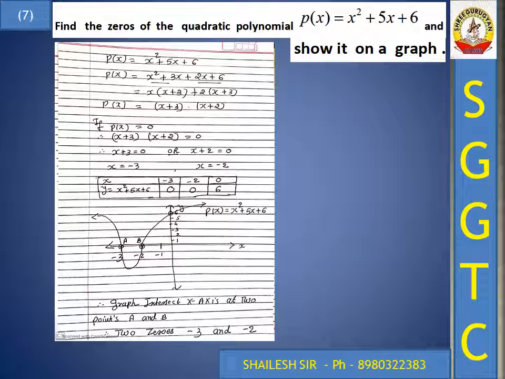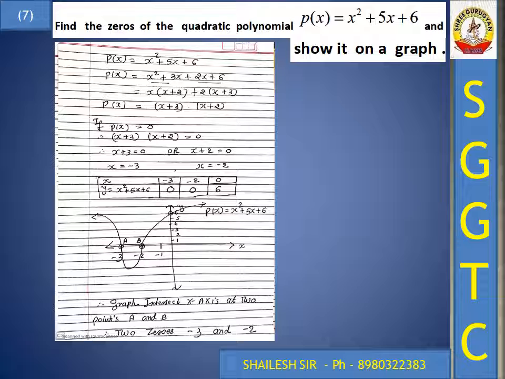Students, here you can take any value, it is not important. But definitely minus 3 and minus 2 I already know, so I put them directly and plot them on the graph. Sure, you get a parabolic curve, and this parabolic curve intersects the x-axis at two points, A and B. So my two zeros are minus 3 and minus 2.